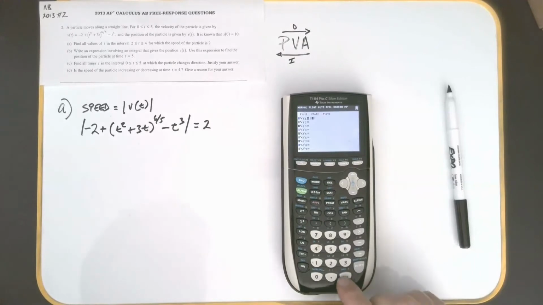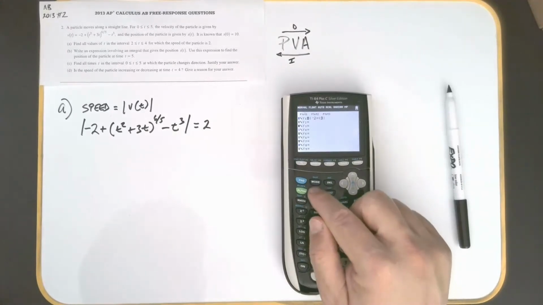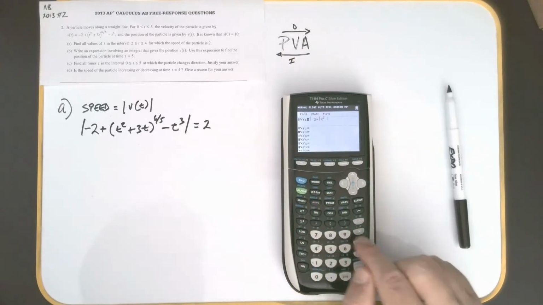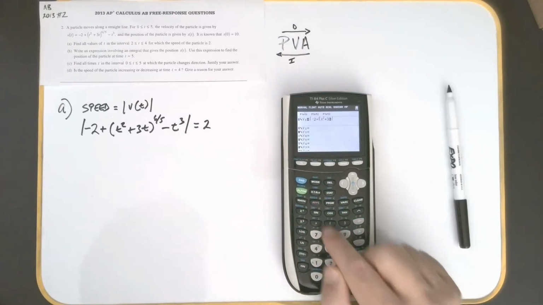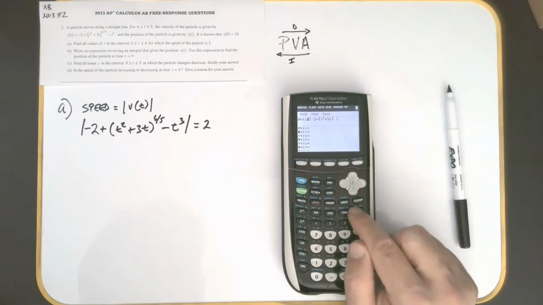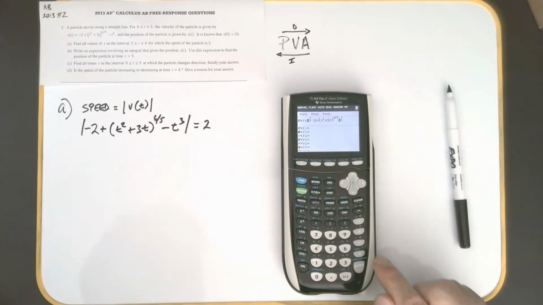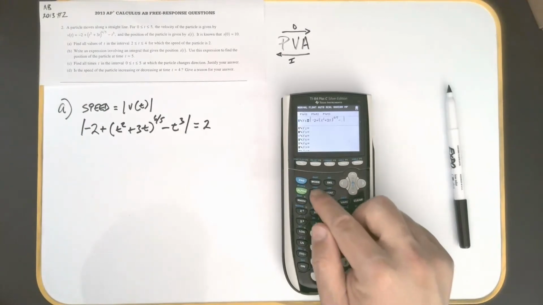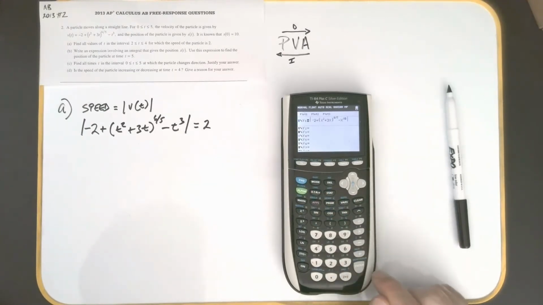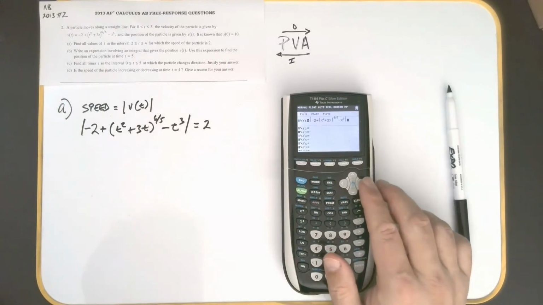Then I'm going to put in -2 plus the quantity t squared, where our variable is x in this context, plus 3t, and then raise that to the 6/5 power, and then minus x cubed, or t cubed. So there is that function.